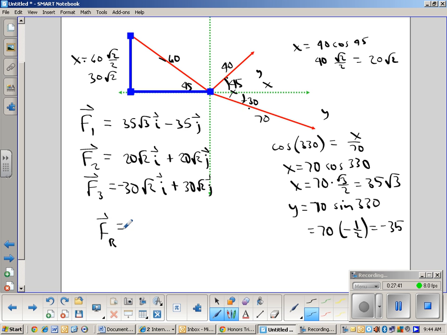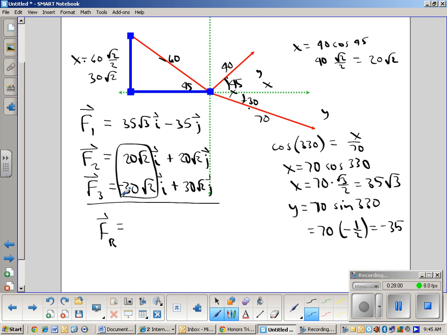So the resultant force is what? What do I do to find the resultant force? I add them up. And so my i's are negative 30 and 35 is a positive. Oh, positive, sorry. Can't add those. Oh, yeah, they're not both square roots of 2.